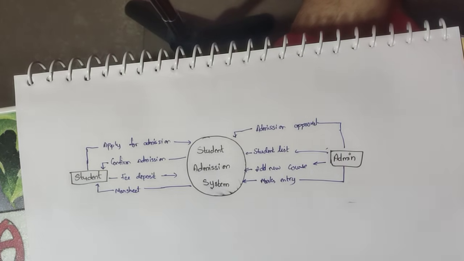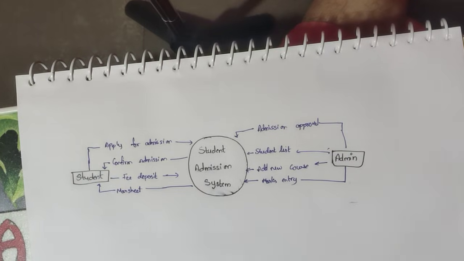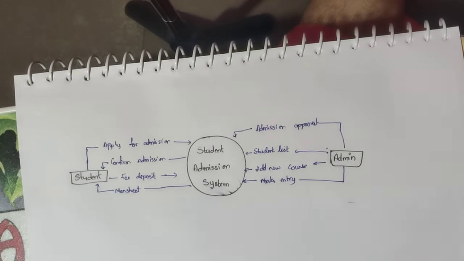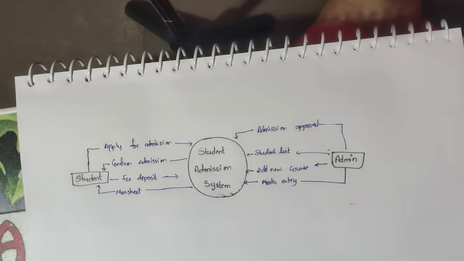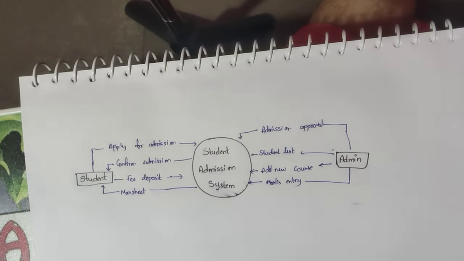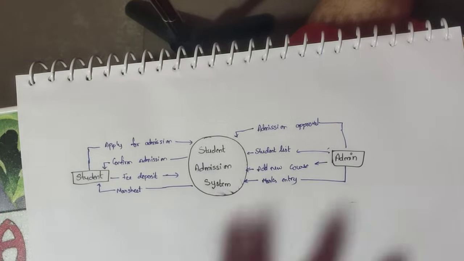So this is the student admission system, which involves getting mark sheets, paying fees, course subjects, as well as the admin. Two main components are included in this whole DFD.